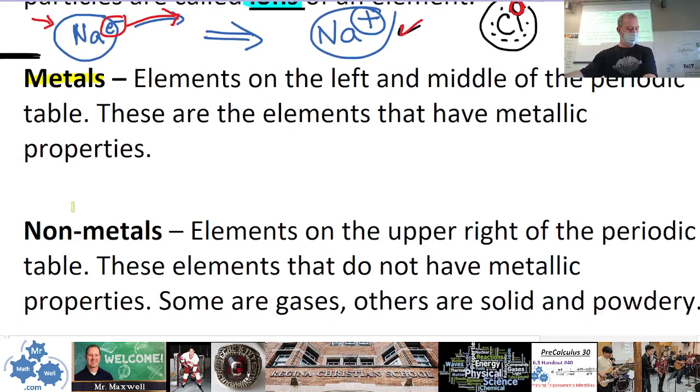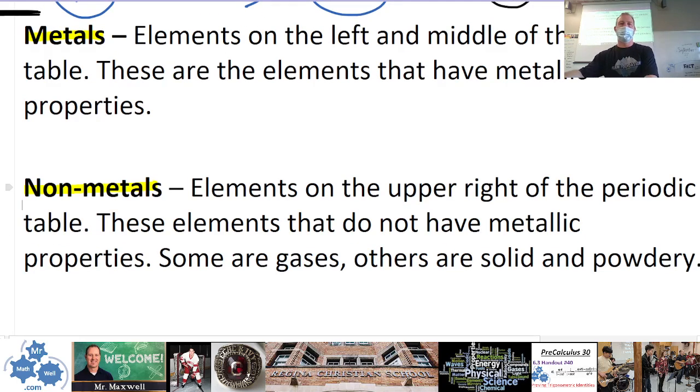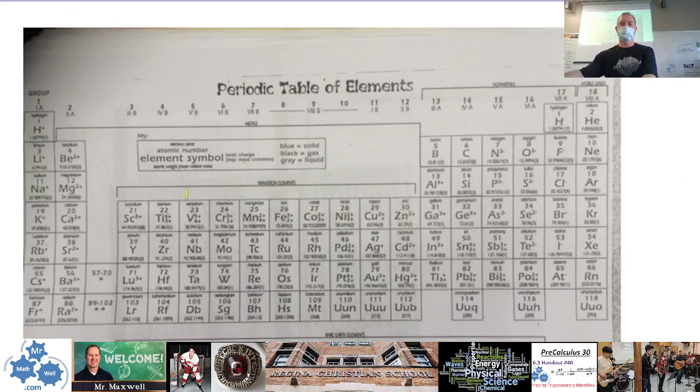The non-metals. Okay, now you'll flip your notes page there. The non-metals are elements on the upper right of the periodic table. These elements do not have metallic properties. Some are gases, others are solid and powdery. I don't have too many blanks for you there, but the non-metals, as I mentioned, are kind of on this right here.